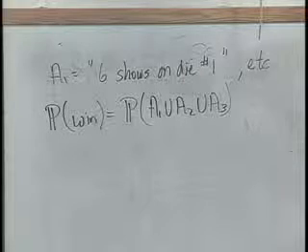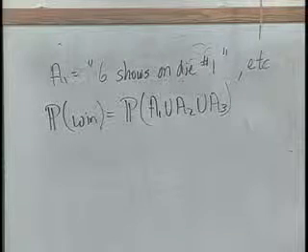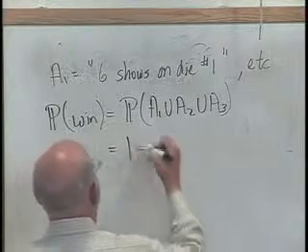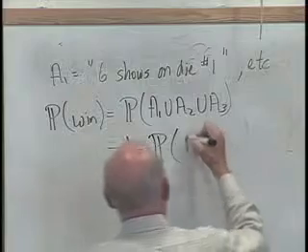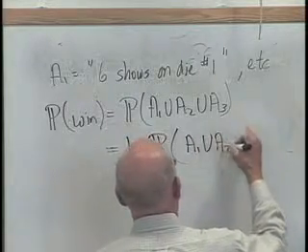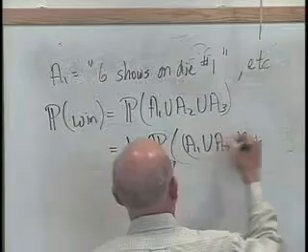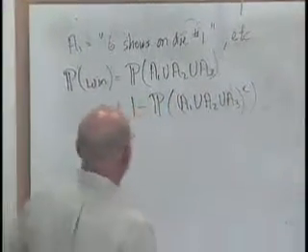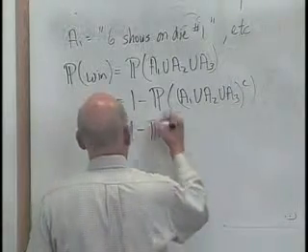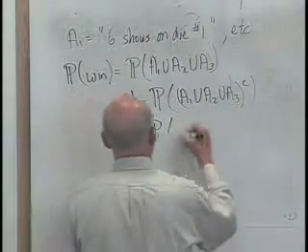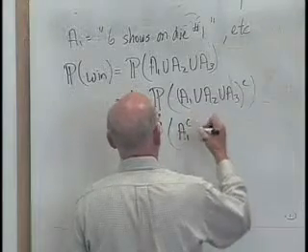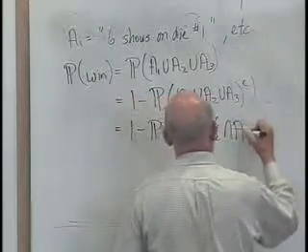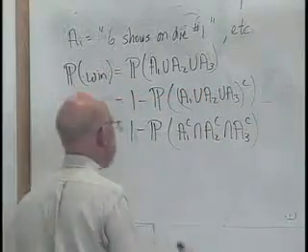Now, here is an easy way to calculate this. I can say that the probability that this occurs is 1 minus the probability that its complement occurs. Everyone comfortable with that? And by DeMorgan's law, this is the probability of A1 complement intersect A2 complement intersect A3 complement.